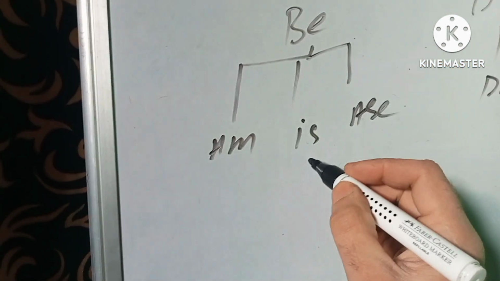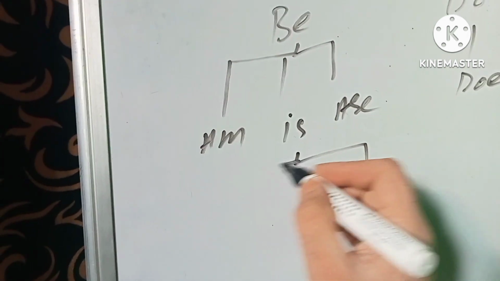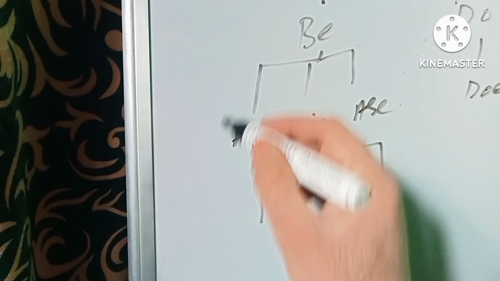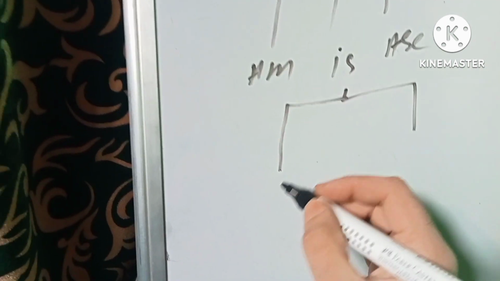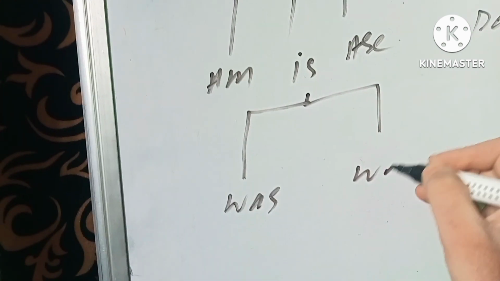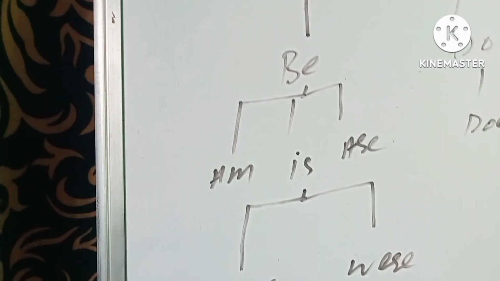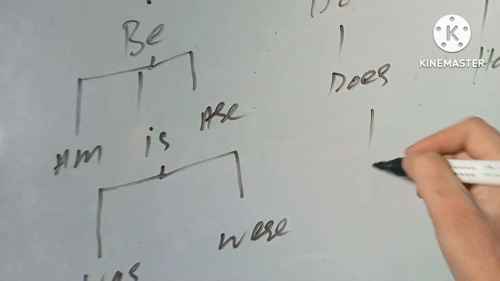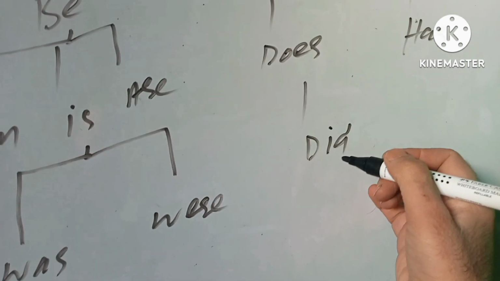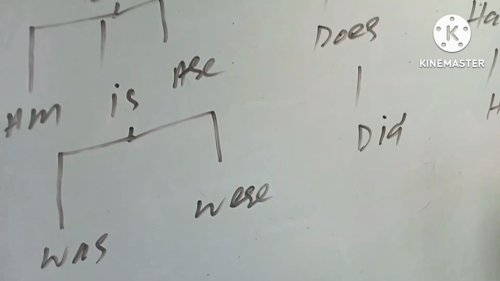And when we talk regarding the is, am, are, these are the youngsters, but in old age they have only two, that means was and were. And this do, in past it has a single one here, did, and this has had.